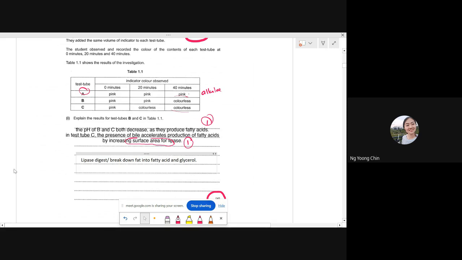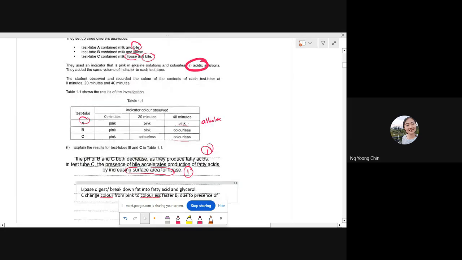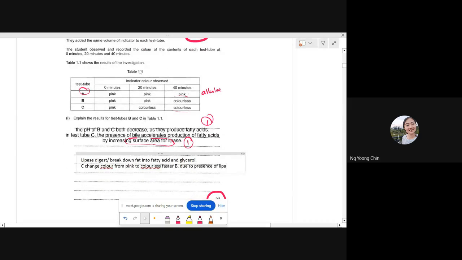So the reason that C changes color from pink to colorless faster than test tube B is due to the presence of the lipase and the bile together.